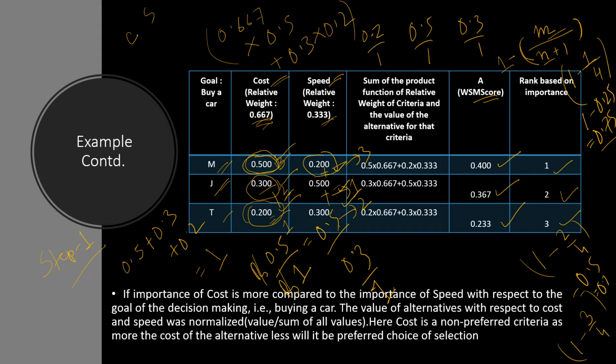So it is the least value. So what has happened? You can easily understand that the highest rank is getting the highest value, and the lowest rank is getting the least value.